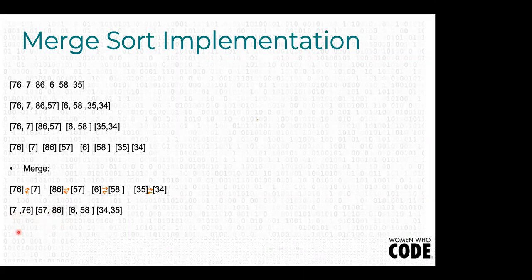So now the next step would be to compare these elements, 7 and 57, and we know that 7 is less. So here we'll have 7, 57, 76 and 86. Let's get into the detail of how we perform this comparison and merging in the following slides.